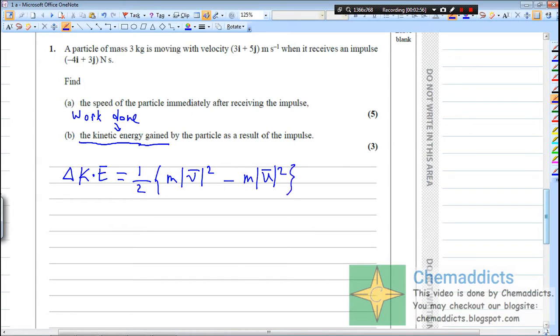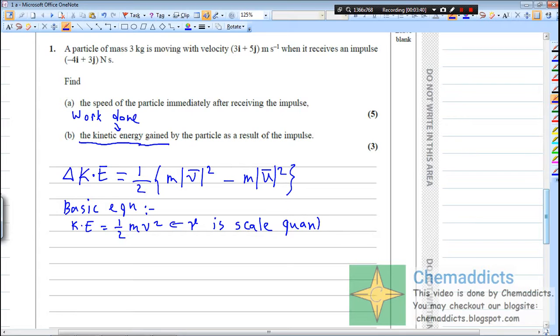The basic equation for KE is half m v squared. Here v is a scalar quantity, so the equation looks a little bit creepy.